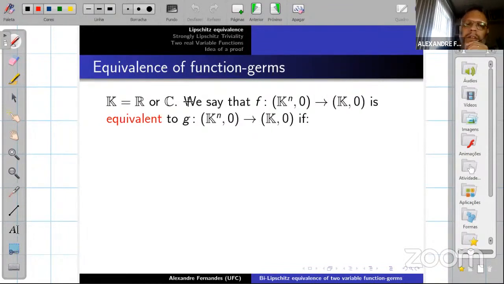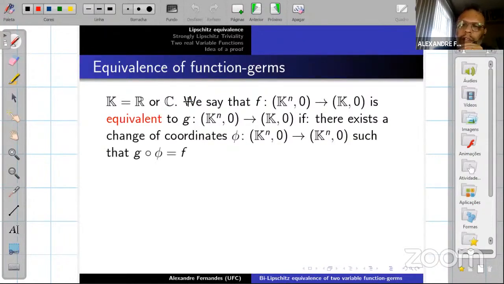You say they are equivalent if you have a change of coordinates in K^n such that g composed with the change of coordinates is equal to f. It means geometrically the following.